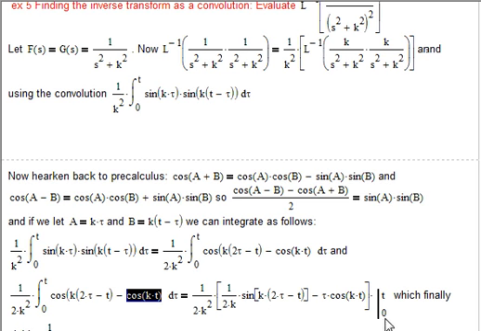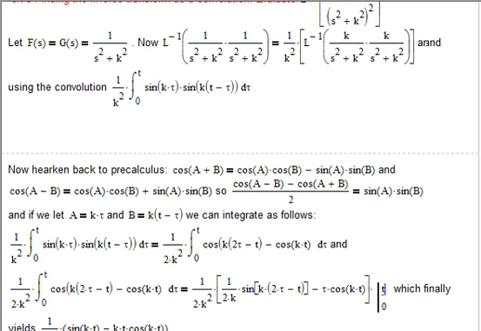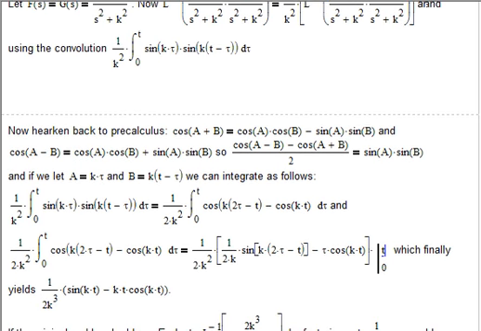But that will be going from 0 to t. So finally, when we put in 0 for tau, we get the negative sine of kt here, and negative tau times cosine of 0, which is just negative tau.